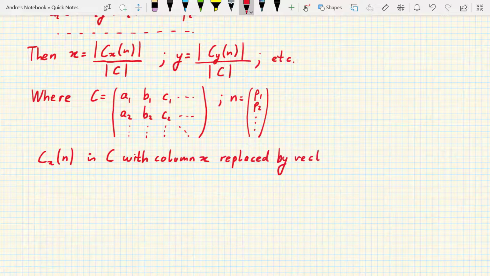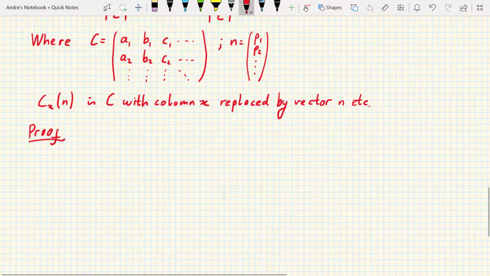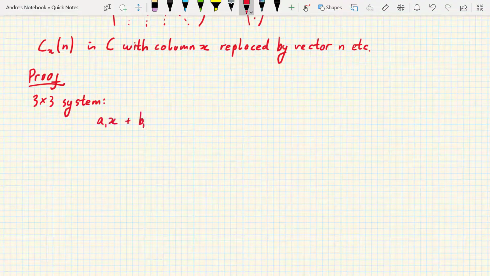The result for y, z, etc. is similar. To prove this result, let's consider a 3 by 3 system.